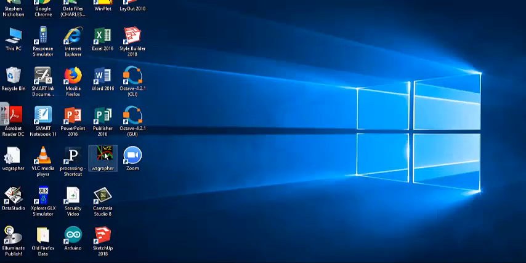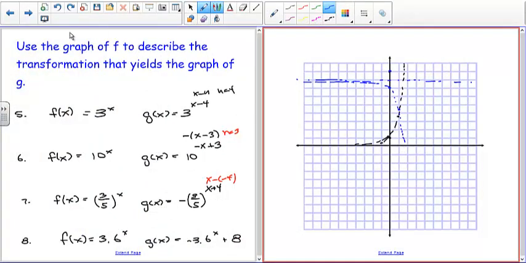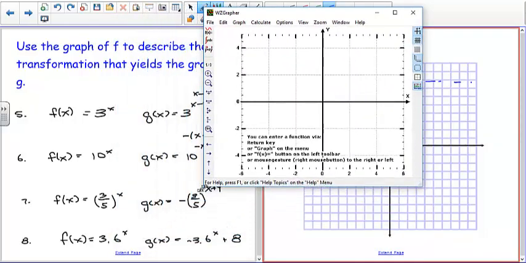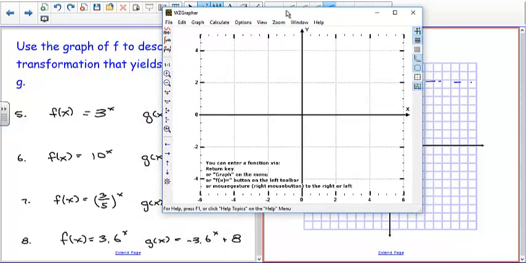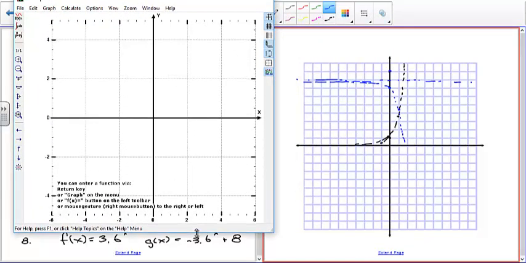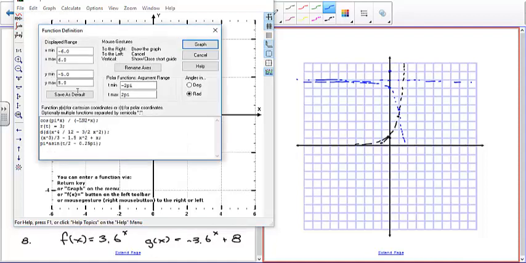And I'm just going to plot this just to show you that it did work out, kind of how it works. We could do it in steps. So let me just make this a little smaller so we can see what's going on. Okay, so the parent function is 3.6 to the x power.